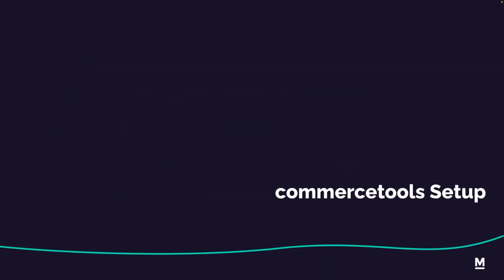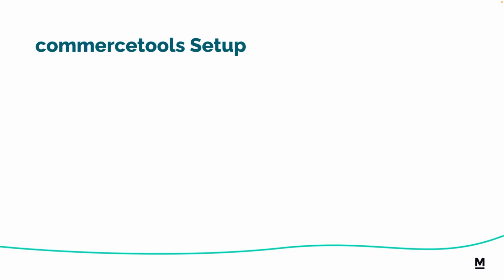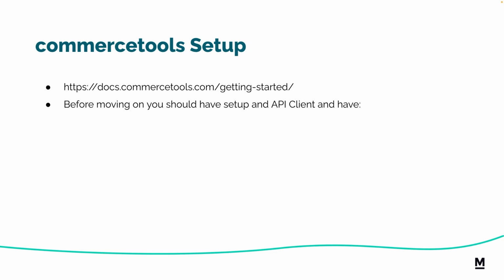So with that being said, let's take a look at what you'll need to set up on commercetools before you follow along with today's video. The Getting Started documentation is a great source of all the information that you will need, but in a nutshell, you'll need to set up an API client on your commercetools instance. And that means you'll need a project key, a client ID, secret, the API URL, and an authentication URL.